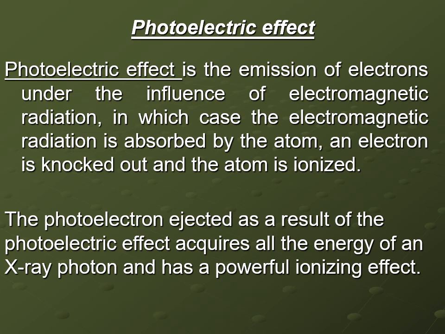In other words, it will be a scattered secondary photon, which can also have a sufficiently high energy and can also lead to ionization of matter in the future. In addition, ionization of matter can occur under the influence of electron recoil, the electron that is knocked out of the atom.